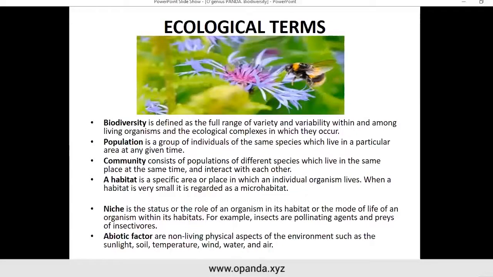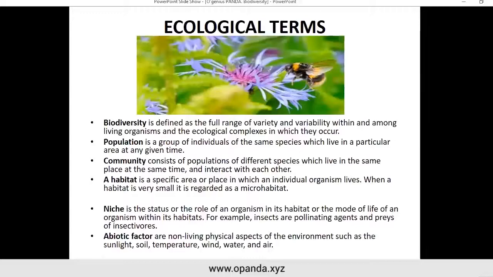Abiotic factors are those non-living physical aspects such as sunlight, soil, temperature, wind, water, and air. Why biotic factors? These are living organisms in the environment. They interact with each other.